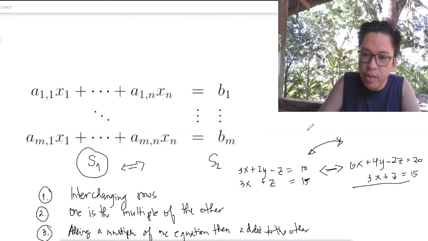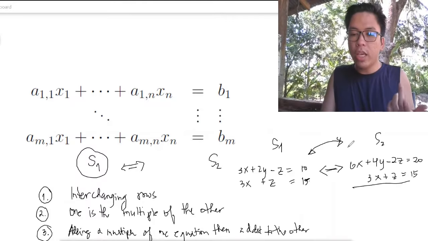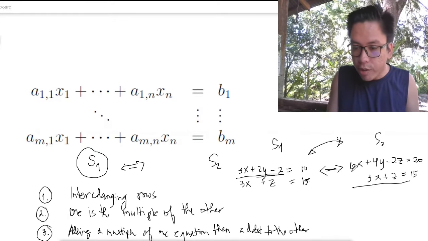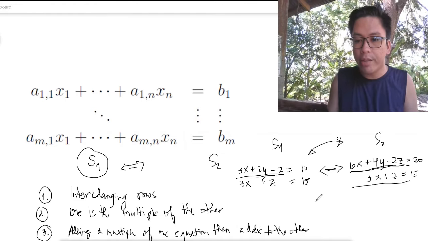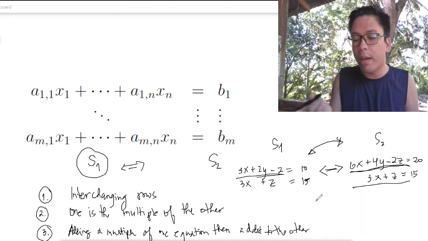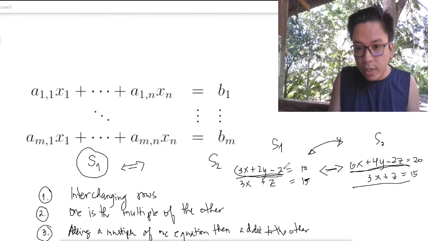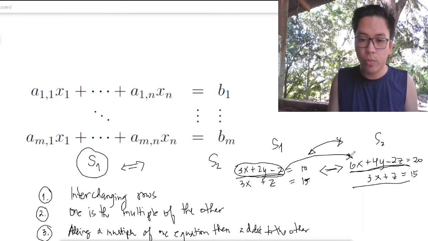So these two systems, let's say this is S1 and this is S2, are equivalent because the first equation in S2 is a multiple of the first equation in S1. If you multiply the first equation in S1 by 2, you simply get the equation in S2.